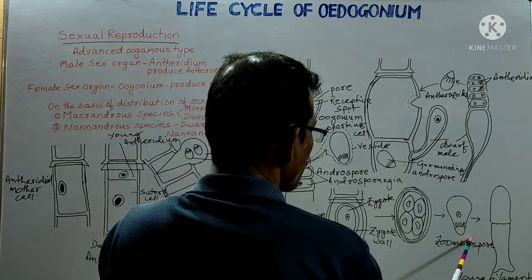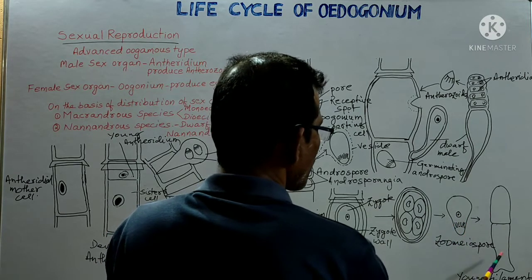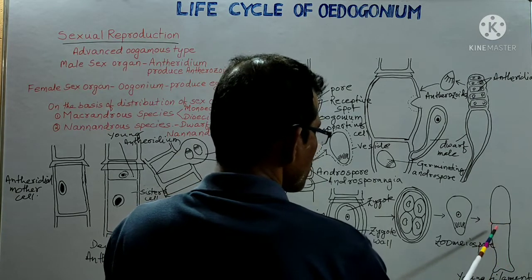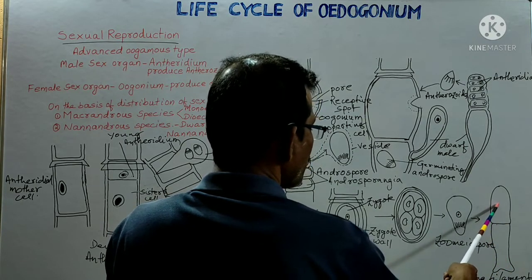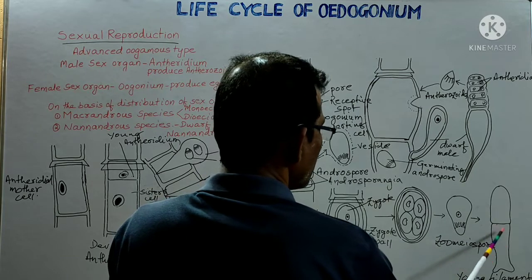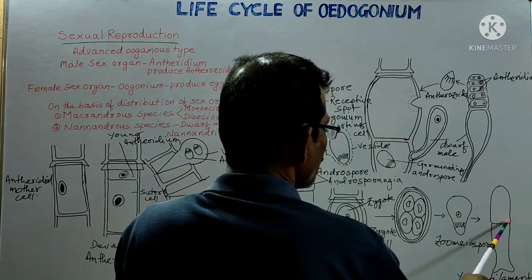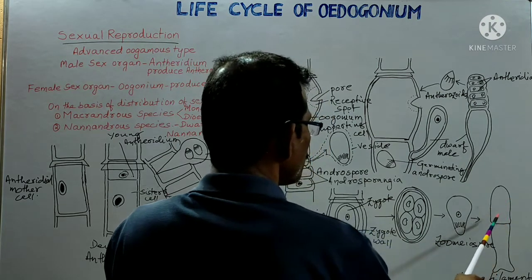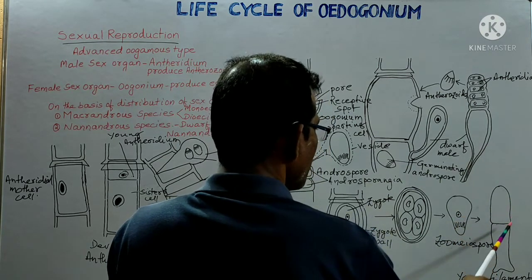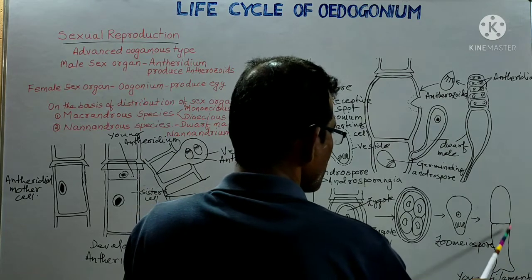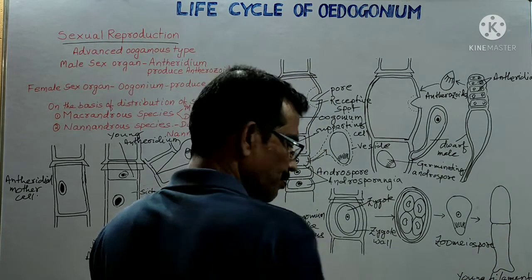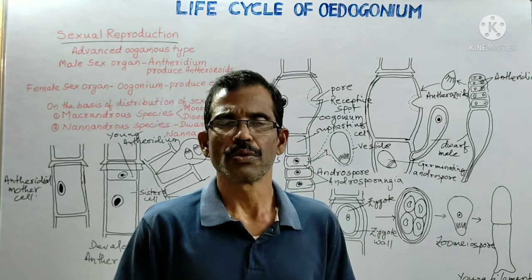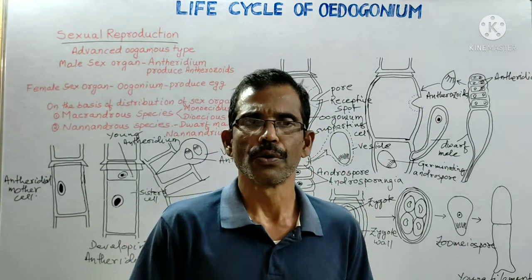The flagella are withdrawn and the zoospore elongates considerably. Following this, it divides transversely to form an apical cell and a basal cell. This upper cell, which is green in color, divides again and again to form a young filament, and the basal cell gives rise to the holdfast. This is about the process of sexual reproduction in Oedogonium.